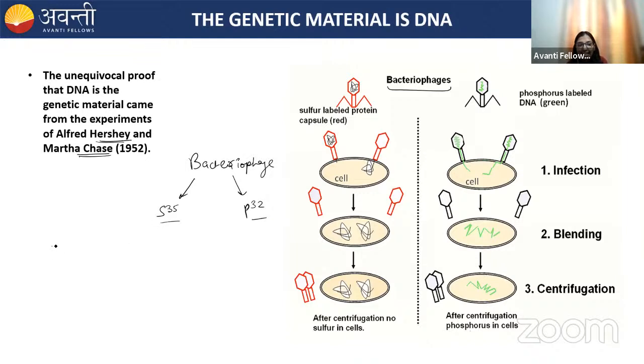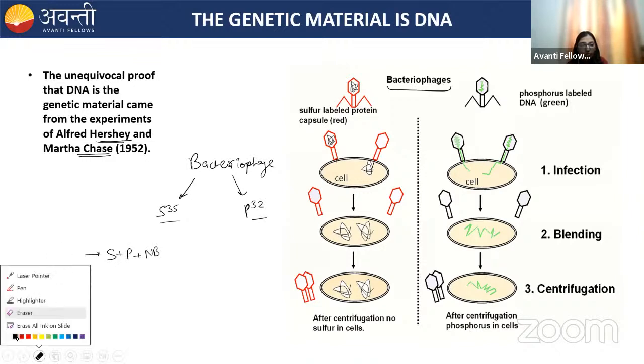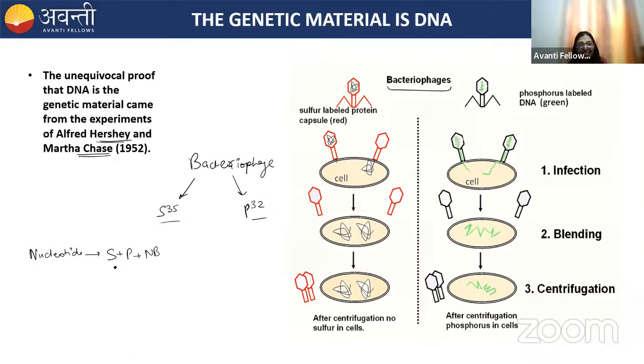We know that DNA consists of sugar, phosphate, and nitrogenous bases, right? Let's say nucleotide. We know that the nucleotide consists of sugar, phosphate, and nitrogenous bases. So phosphate is a part of nucleotide, and nucleotide is a part of nucleic acid.